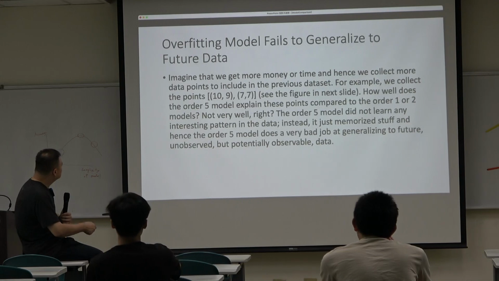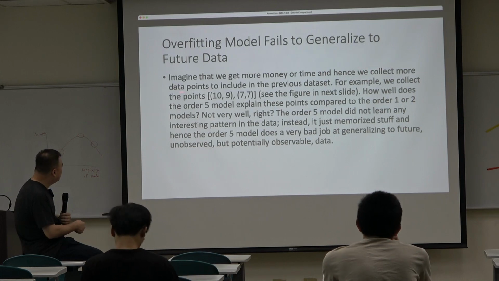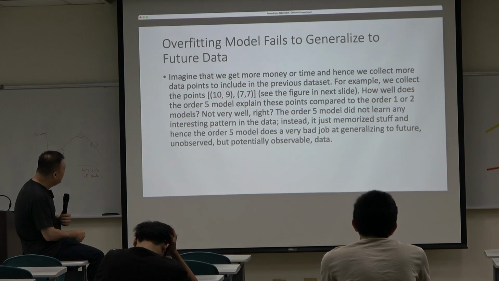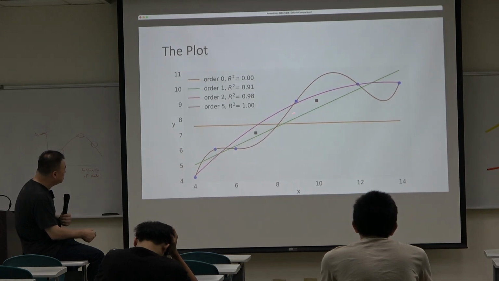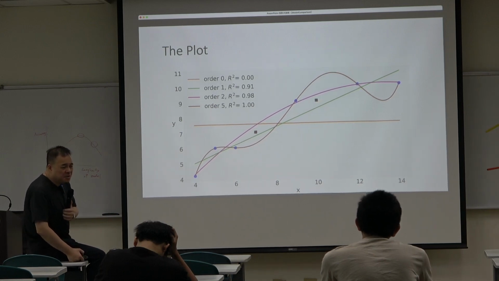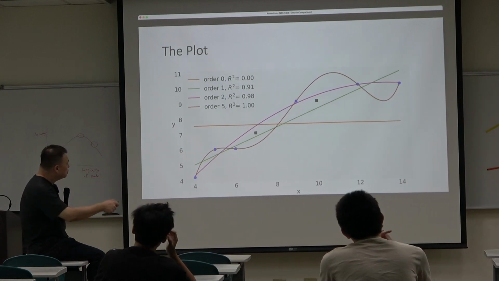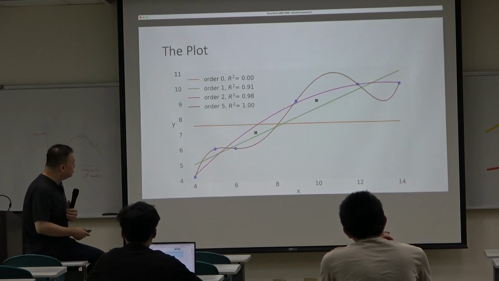Imagine if we get more money or time and we are able to collect more data points. Say we are able to collect 2 additional points, (10, 9) and (7, 7), represented by these 2 squares here. This fits our intuition, because these 2 points appear close to this direction, so it is a reasonable additional data point to add.